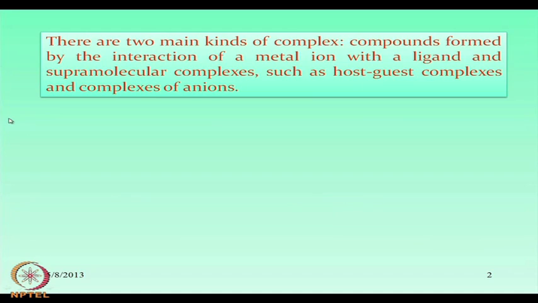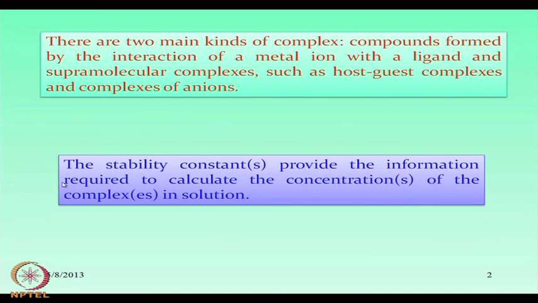Host-guest complexes and complex anions are therefore very important in this particular study, and the stability constants we can get from this information will be required to calculate the corresponding concentrations of the complexes in solution. That means, if we know the concentrations of the reagents, then we can find out the concentration of the complex species.